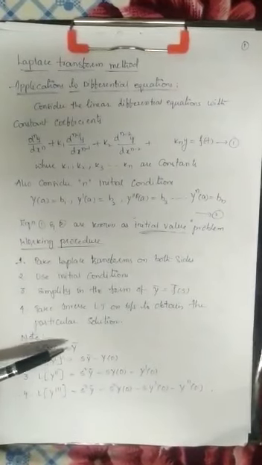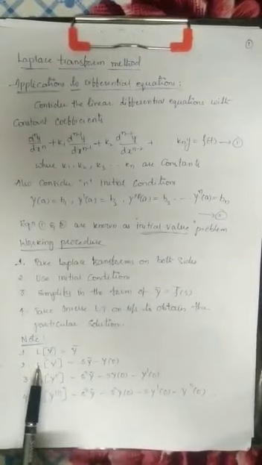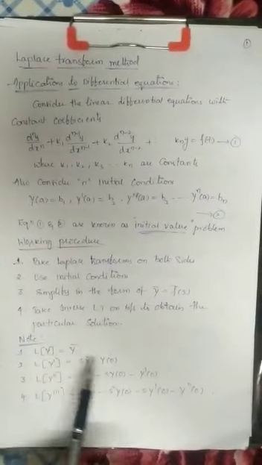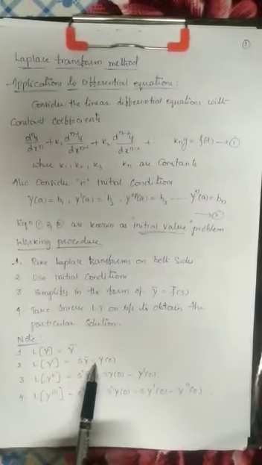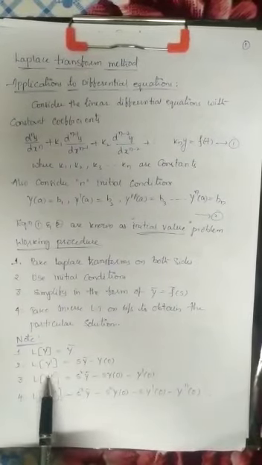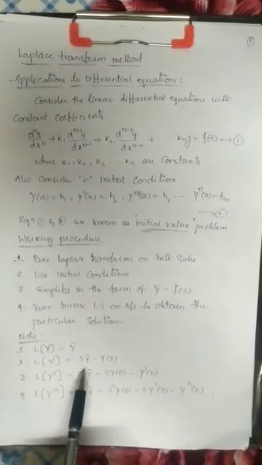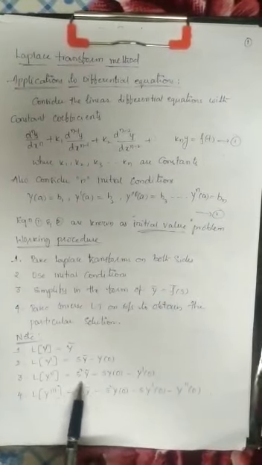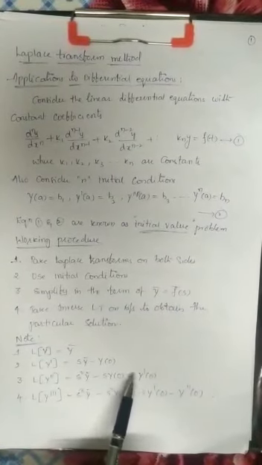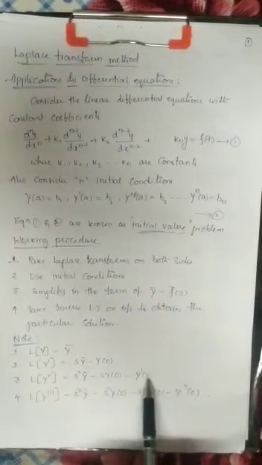Laplace of y is y bar. Then Laplace of y dash we can write as s into y bar minus y of 0. Then Laplace of y double dash starts with s square y bar, then minus s into y of 0, minus y dash of 0.